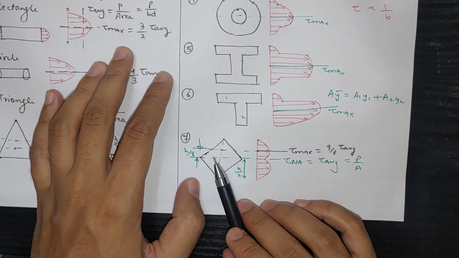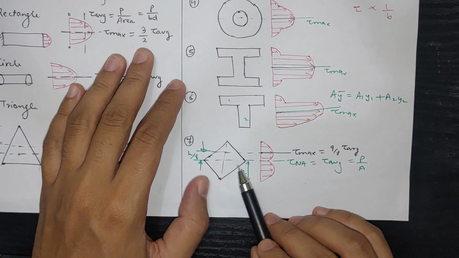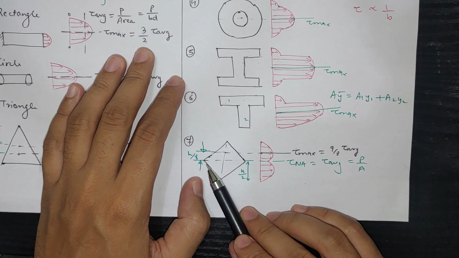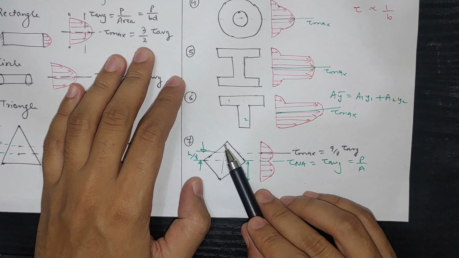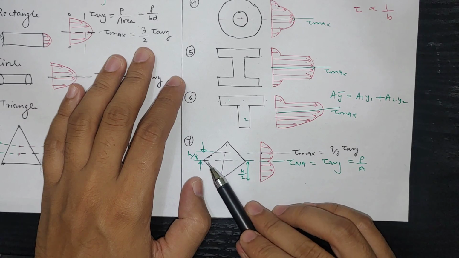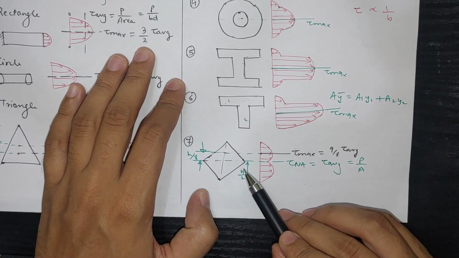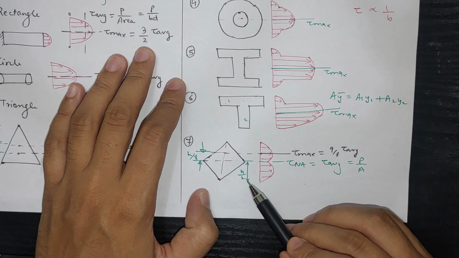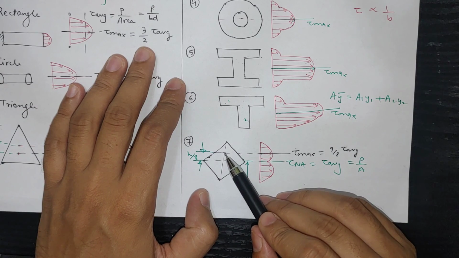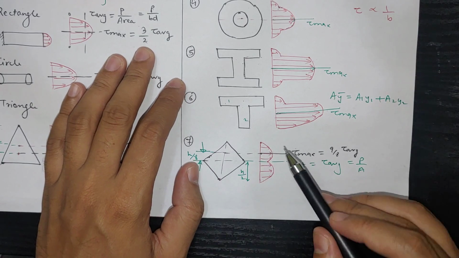This final shape, if we see here, this is rectangular, and if you see here, this is actually a square shape. If we rotate it by 45 degrees, then we will have this shape. Now from the neutral axis the distance is h by 2, and tau maximum occurs at h by 8 distance from this neutral axis.